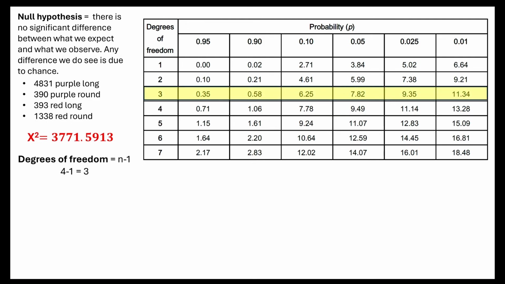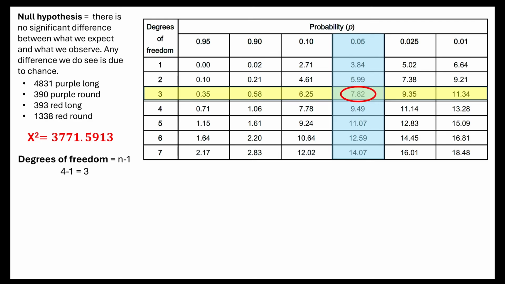So we go to 3 on our table and I have highlighted all the way along here, but we want to use what we do in biology, and that is a probability of 0.05. So this is where we always go, 0.05 first. That's our part where what we're saying is we would be 95% confident that 5% was due to chance.